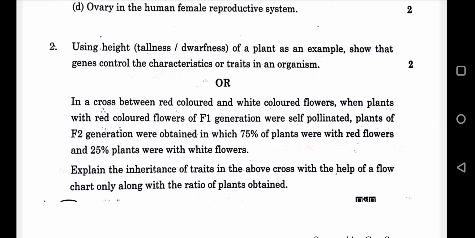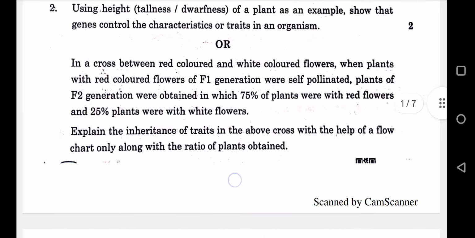You have to draw a flow chart in which the F1 generation has only red colored flowers, and then in the F2 generation red is 3/4 and white is 1/4 of the total. So that is 3:1, or 75% and 25%.